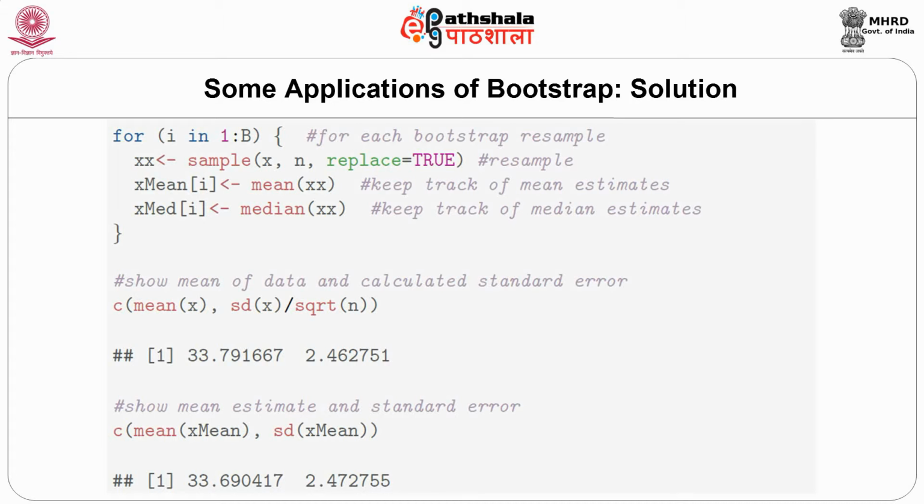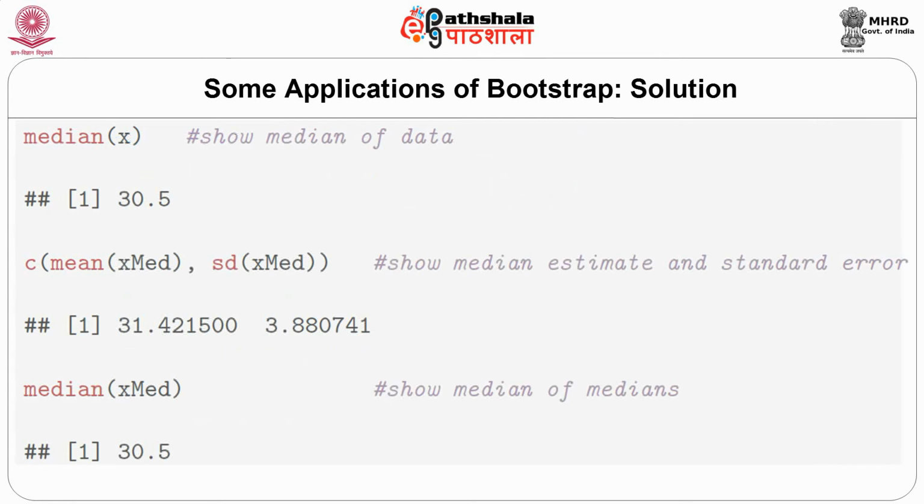So, for the original data, if we just compute mean of x and sd of x by square root of n, the standard error, we get the values to be 33.791667 and 2.462751. We can repeat the same thing, but this time in the bootstrap context, we just find the mean of x mean and sd of x mean.